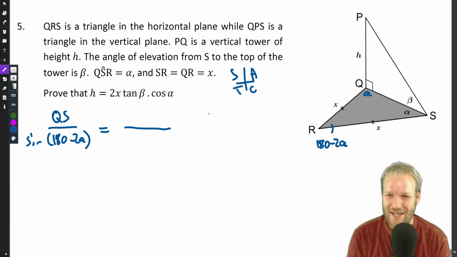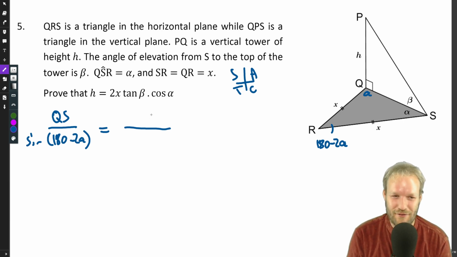Okay, so QS, and we've got any of these other sides, x over sine alpha. Because of course it didn't really matter, it was an isosceles triangle. Okay, so sine 180 minus 2 alpha is just sine of 2 alpha, which is 2 sine alpha cos alpha. Sine alphas are going to cancel.